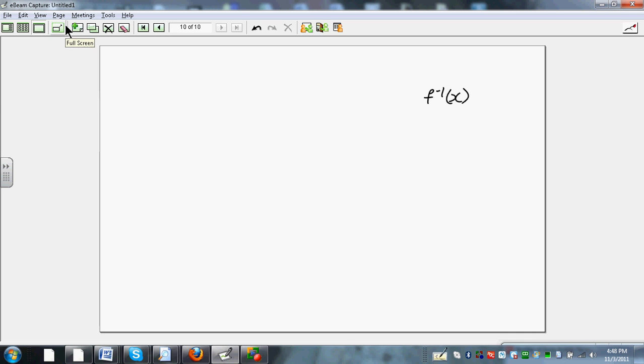The first step, if you read your steps there, is to state the defining equation or defining function for f of x, and you write y equal to whatever the function is.